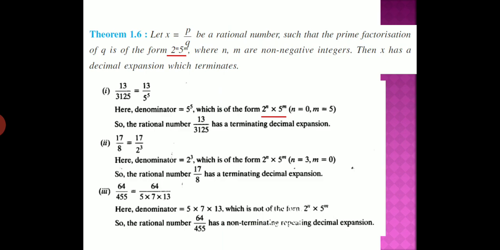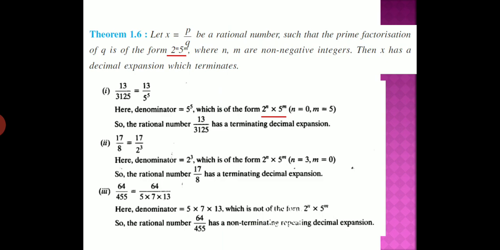If you have any other number like 3 or 7 or 13 or 11 in the prime factorization, then the decimal expansion will be non-terminating, repeating. See the second one, 17 by 8, which is equal to 17 by 2 power 3, the prime factorization of 8. So here it is in the form 2 power n 5 power m, therefore the decimal expansion is terminating.